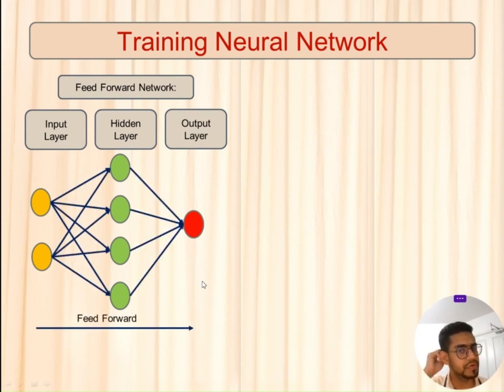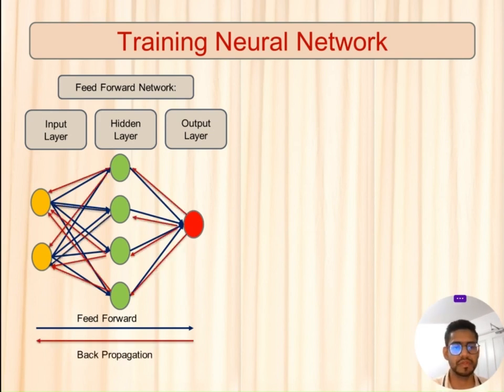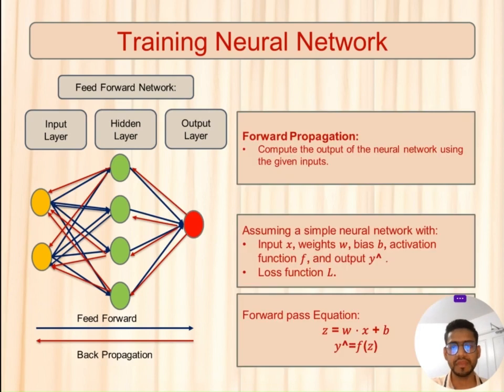We pass our input with the relevant weight to the hidden layer, where it is multiplied and passed through the activation function to give an output. Then we calculate the loss to see how accurate our prediction is. To minimize the loss, we need to update our weights through backpropagation. So this is called backpropagation.